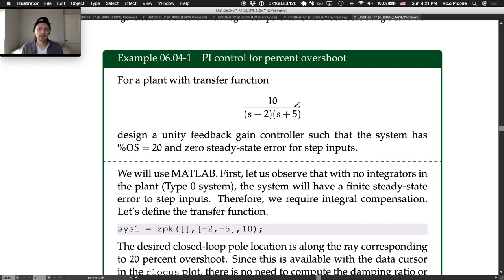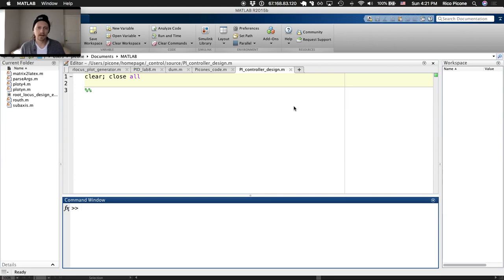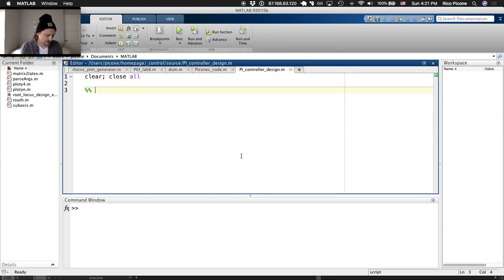So that's what we'll do. We'll march through our design rules, and we'll see if we can come up with a controller design for it. And I'll just work in Matlab for this example. So I just started a script here. Let's define this system. So we have our plant transfer function.